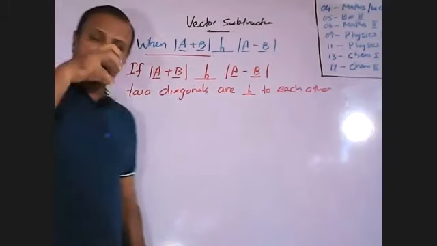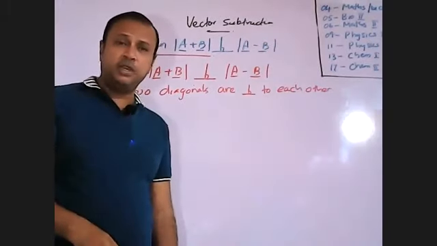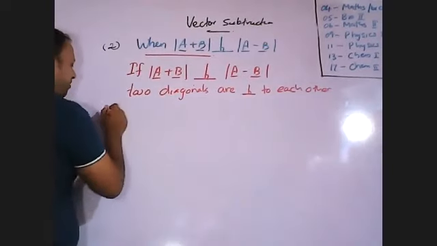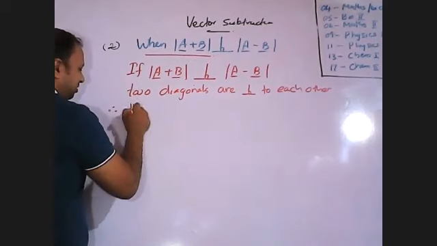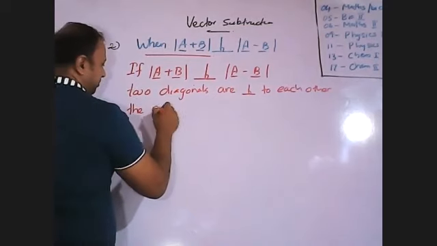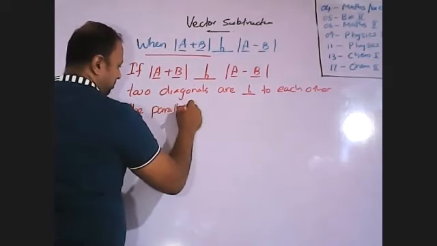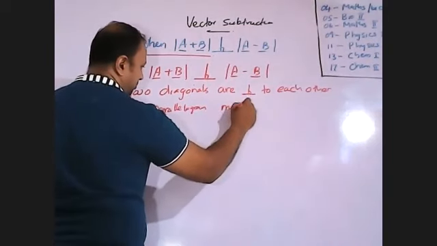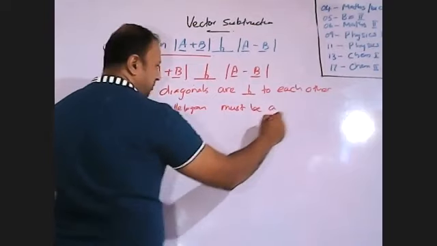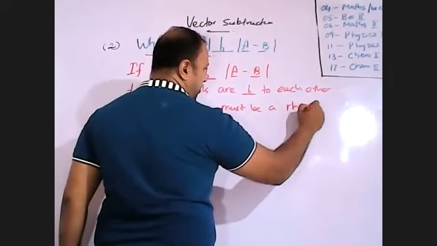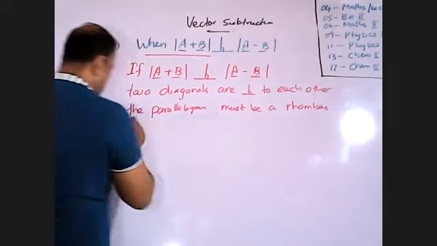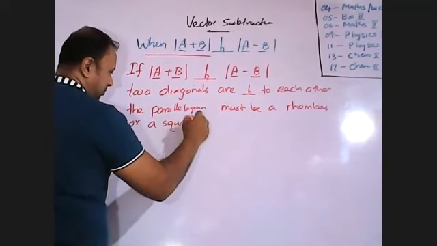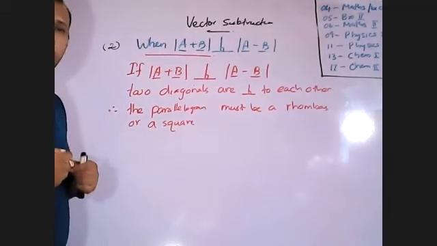Therefore, the parallelogram should be a rhombus or a square.